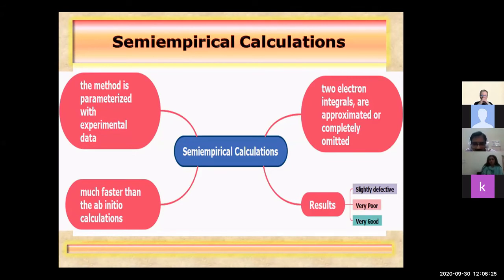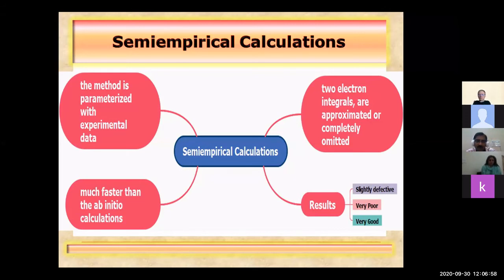But within this framework, certain pieces of information such as two-electron integrals, meaning the electron-electron repulsion terms, are approximated or completely omitted. In order to correct for the errors introduced by omitting part of the calculation, the method is parameterized by curve fitting in a few parameters in order to arrive at the best possible agreement with the experimental data.